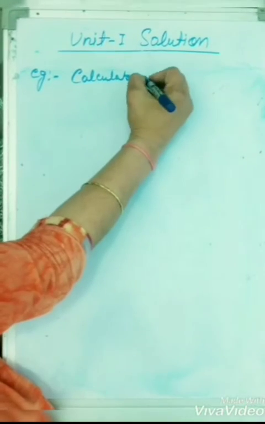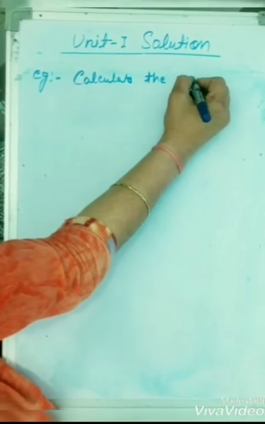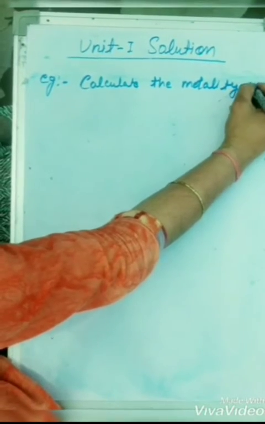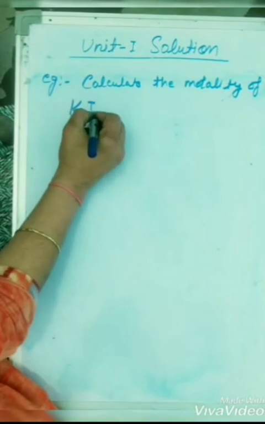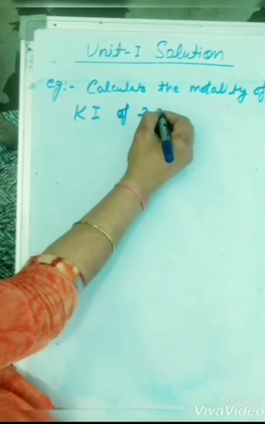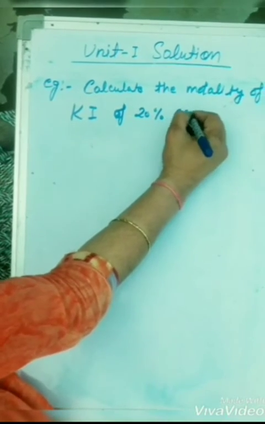Calculate the molality of potassium iodide of 20% aqueous solution.